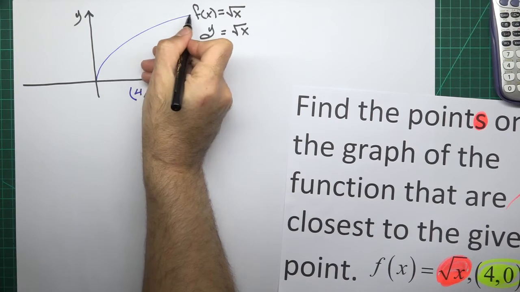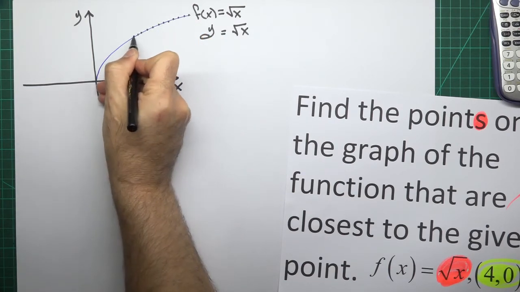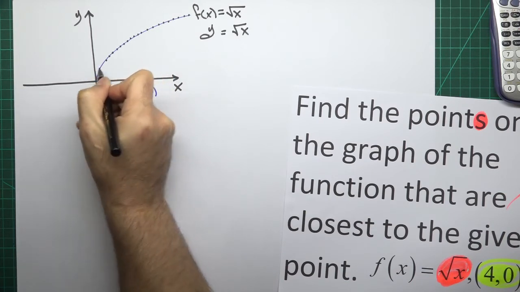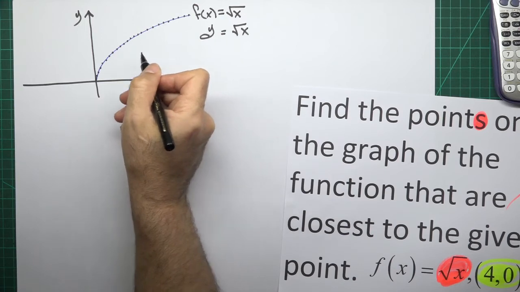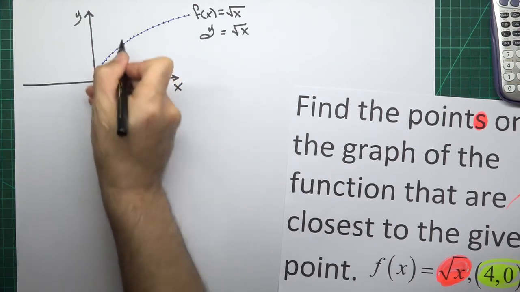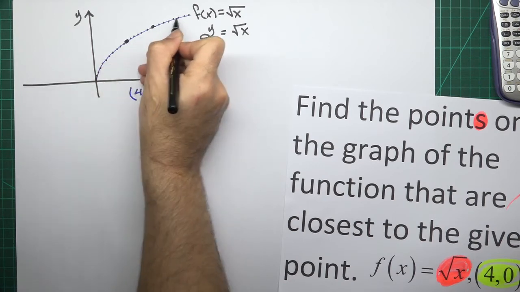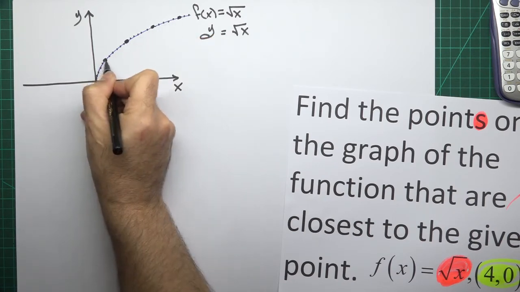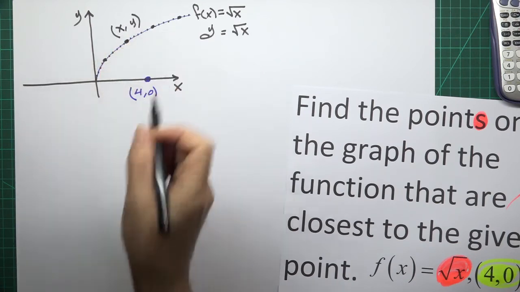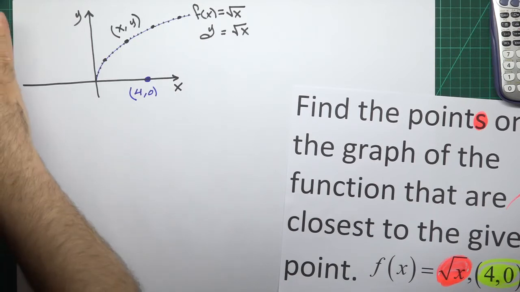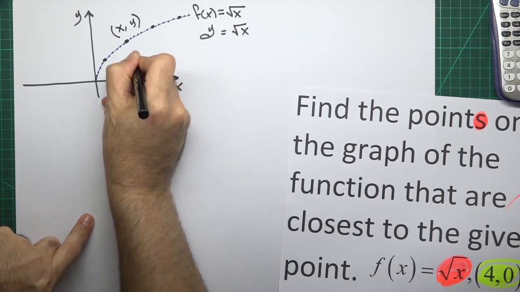So I have infinitely many points on this curve, but there is maybe one point or more which is the closest to 4 and 0. I will assume this point or this one or this, it does not affect. So this point x and y, and I have this distance d between them.